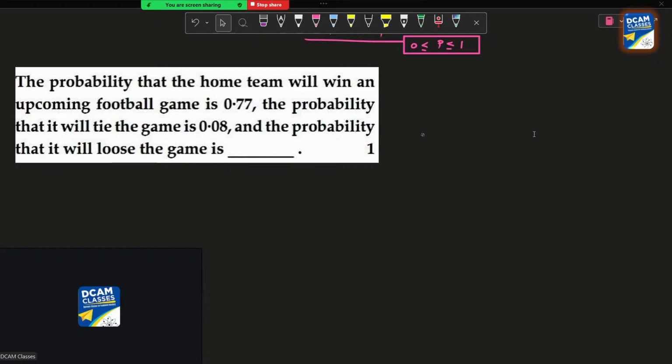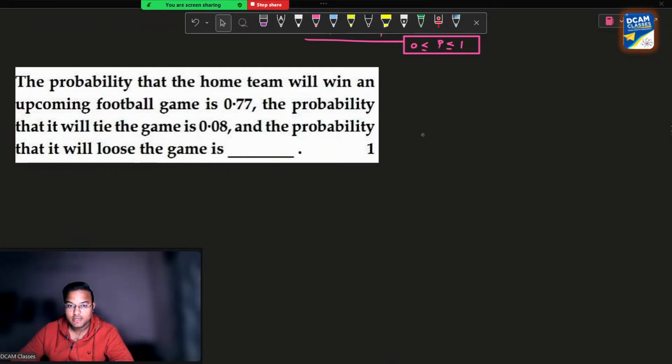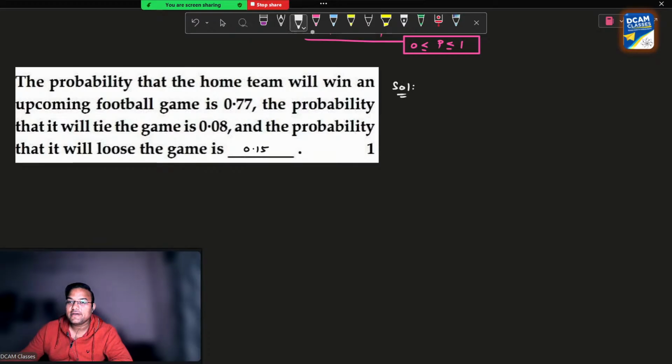The answer, 0.15, Nasir. Even I am saying 0.15. Correct. Let me solve it. Kanishka, what about you, did you get the answer?